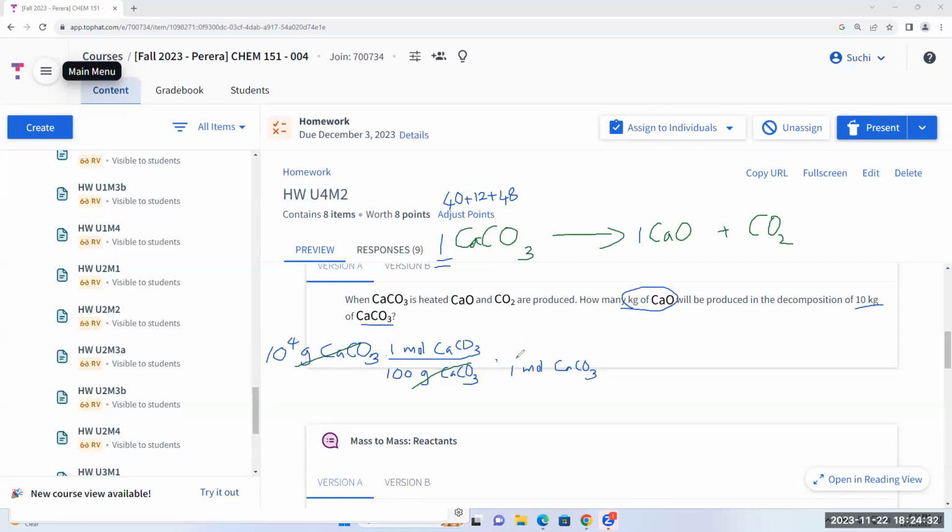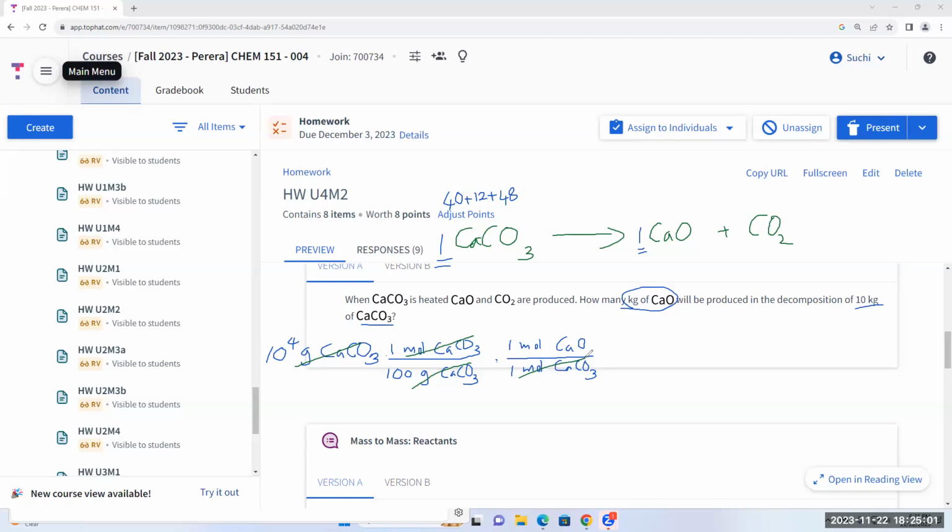And in the numerator, I'm going to write this number over here, which is still 1: 1 mole of calcium oxide. Why did I do that? Because I want to cancel out the moles of calcium carbonate. They cancel out, and now I am left with moles of calcium oxide, but I don't want that either.